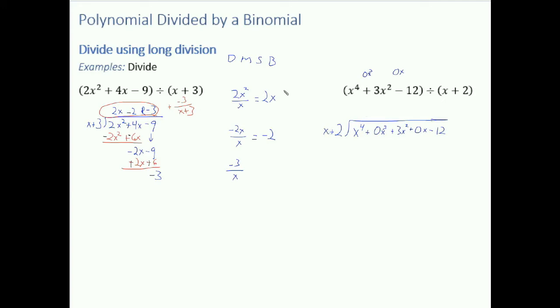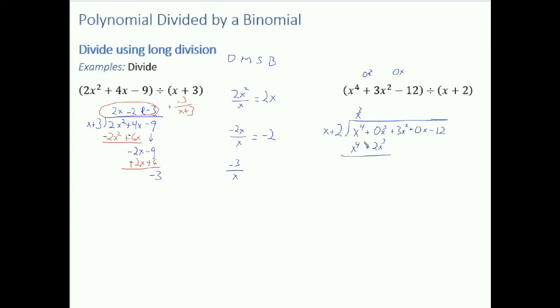We can start by dividing, and so we can think x to the 4th divided by x, or again we could think what times x gives us x to the 4th. Either one of those will give us x cubed. And now we'll multiply. x cubed times x is x to the 4th. x cubed times 2 is 2x cubed.